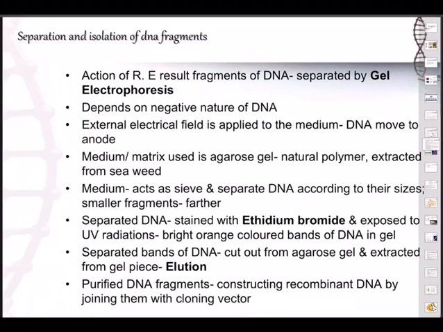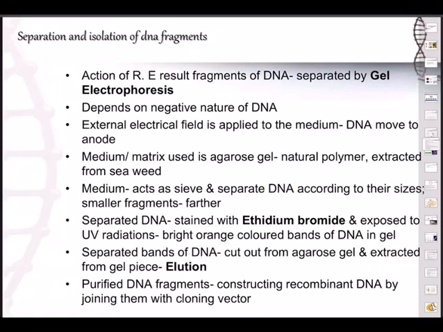It acts like a sieve, like your mummy uses that small instrument in your kitchen. A sieve separates the bigger particles from smaller particles in rava. So the smaller fragments will be separated further. The separated DNA parts are stained with ethidium bromide.